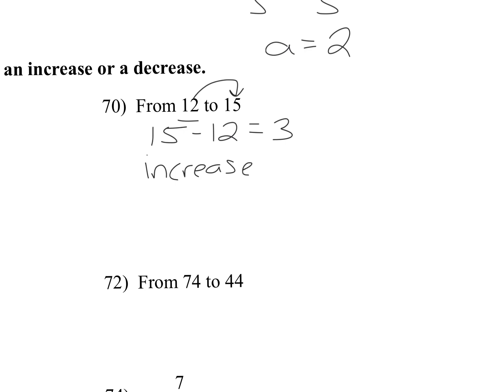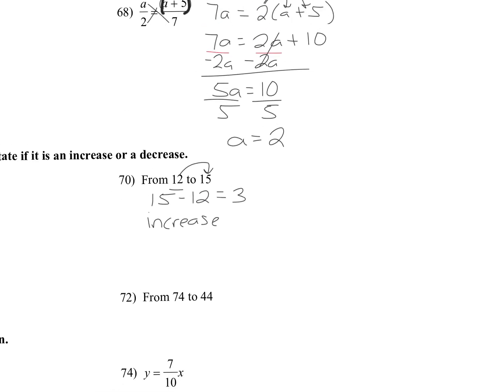Okay, now we actually have to find the percentage. Do we remember how to set that up? Amount of change. So maybe we should write this down. The amount of change over the original. So the change we just found was 3. What was the original? 12, because we're going from 12 to 15.